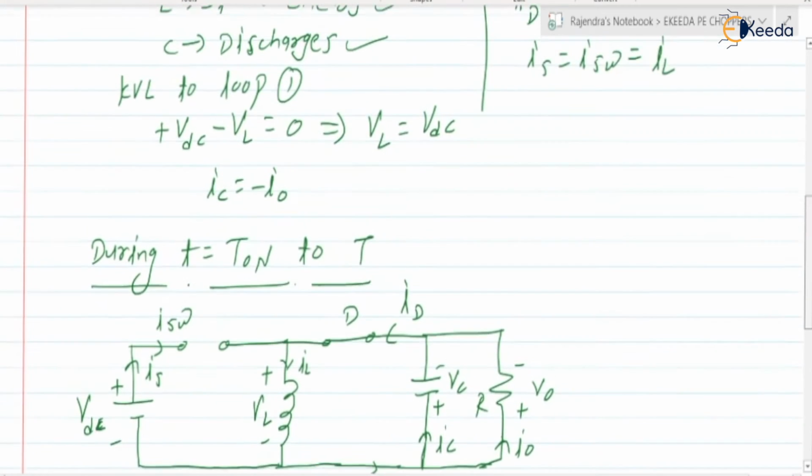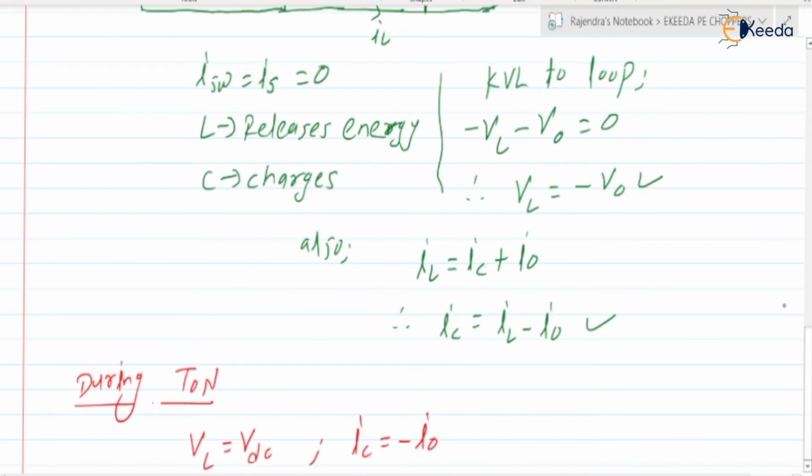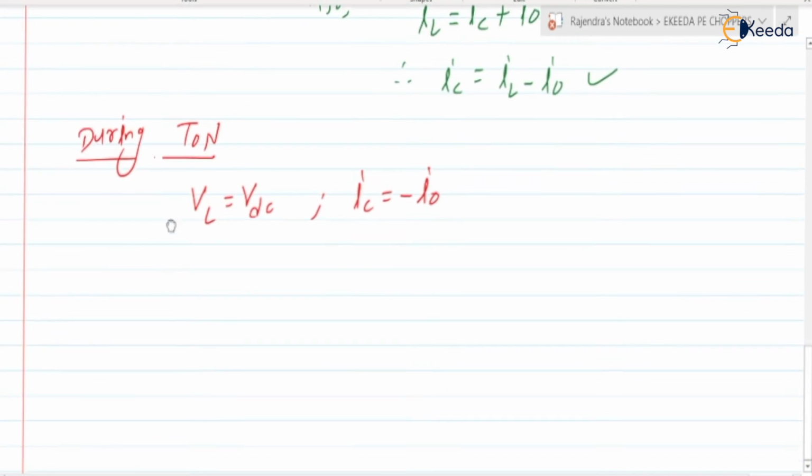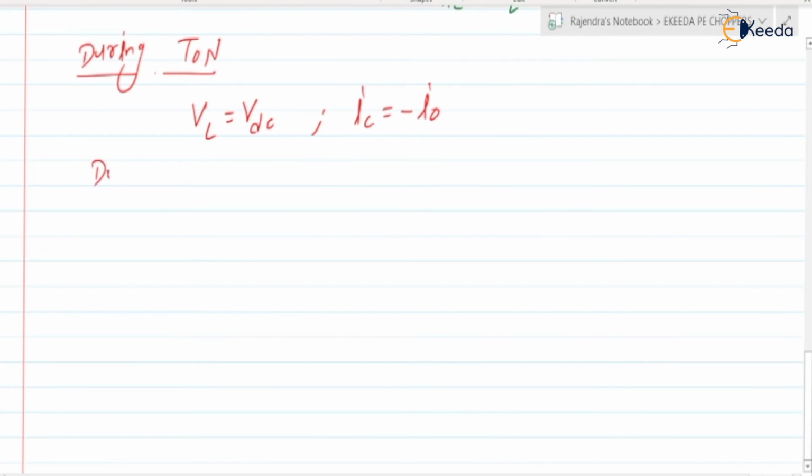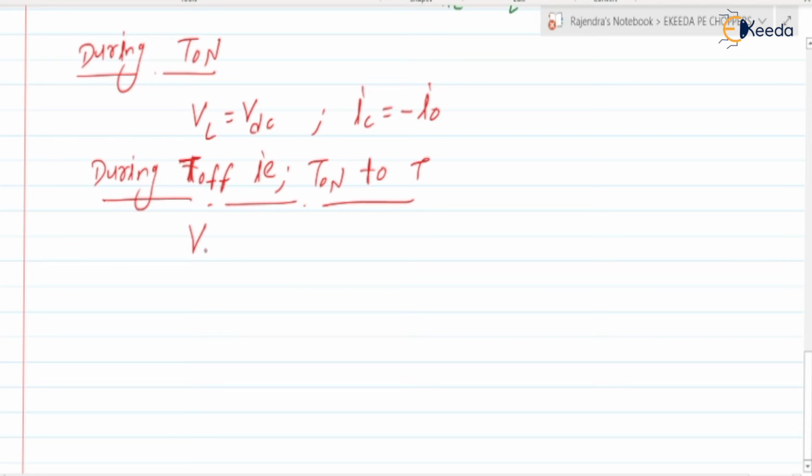And during T off, that is nothing but T on to T, VL is equal to minus V0, and IC is equal to IL minus I0.